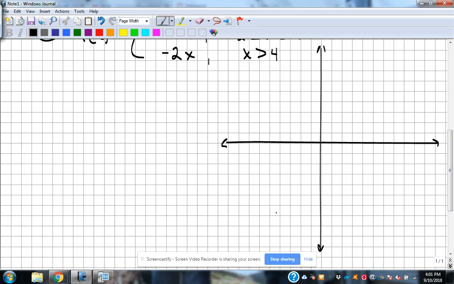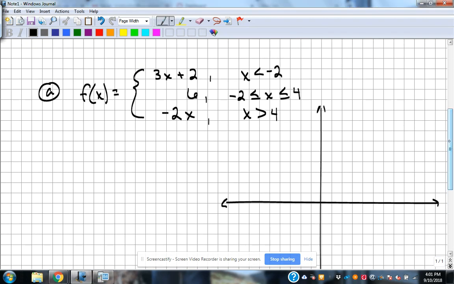All right, so I'm going to graph that first piece, and it says it's 3x plus 2, but only when x is less than negative 2. So what we've got to do to graph that is find those important points. Those important points are going to be the x values that are pointed out in our domain. So there's an important point at negative 2 as an x value.